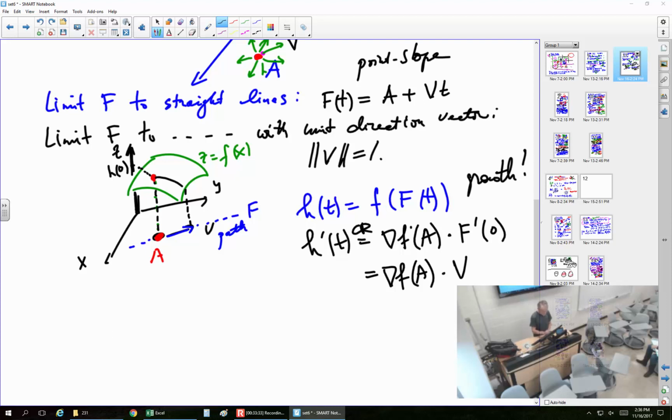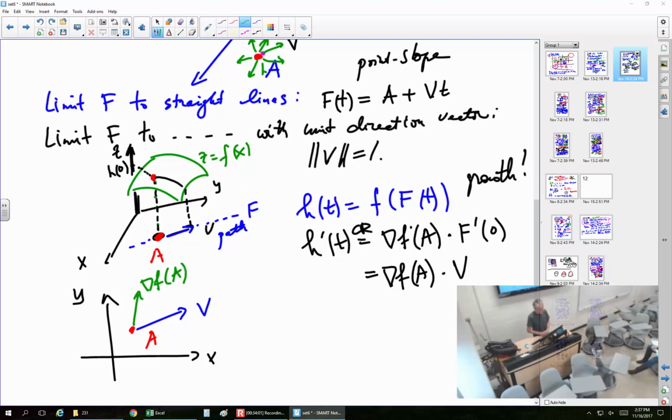So if I go back to the xy plane, and this is my point A over here, and we are moving somehow this way, by vector v. Okay, and then let me plot the gradient somewhere. Say maybe this is the gradient, del f of a. Both of these vectors are in the xy plane.